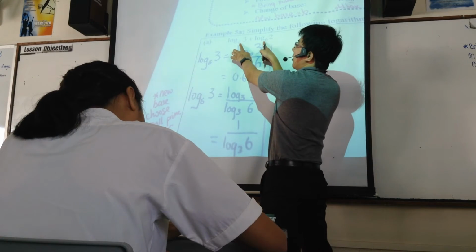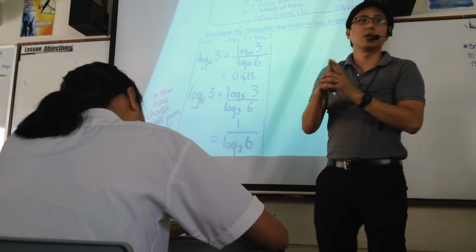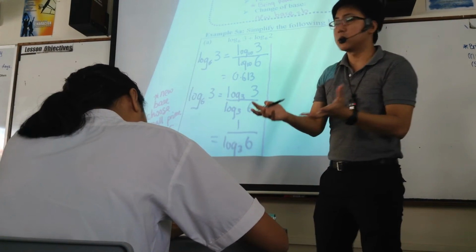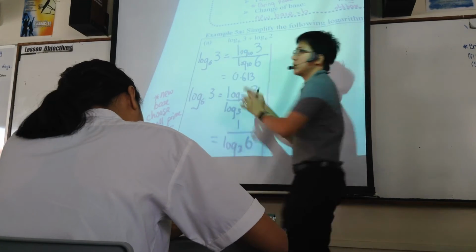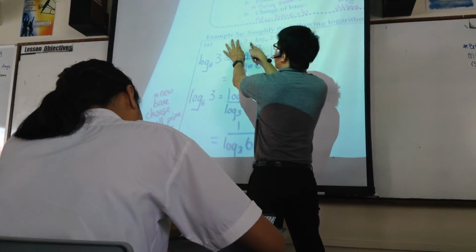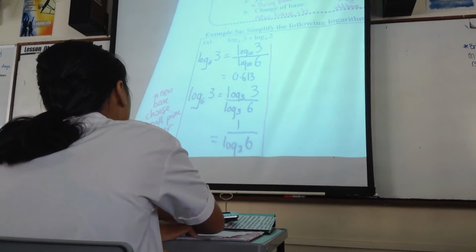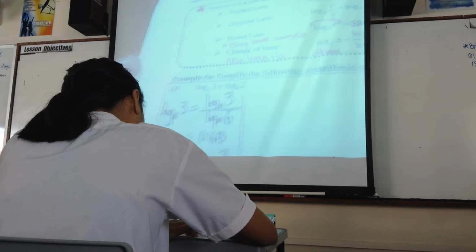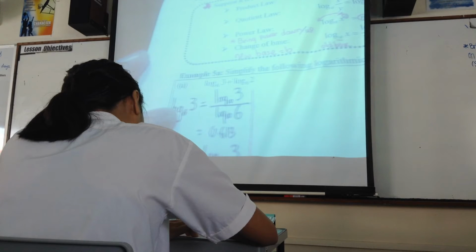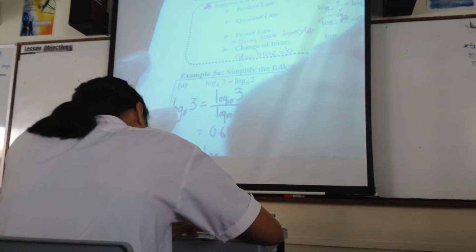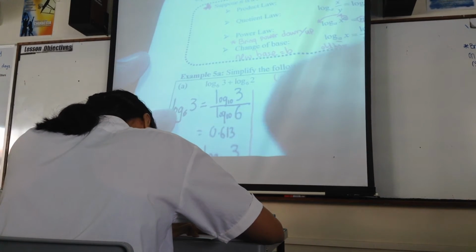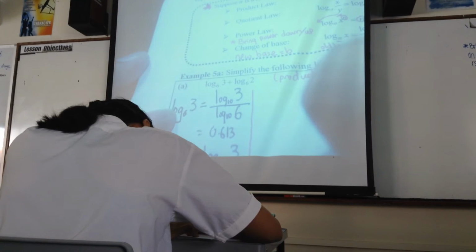Look at this question now. I want to solve. What must I do? You must select a log. You look at these two. Log something plus log something. It looks like the product rule. So this looks like product law.